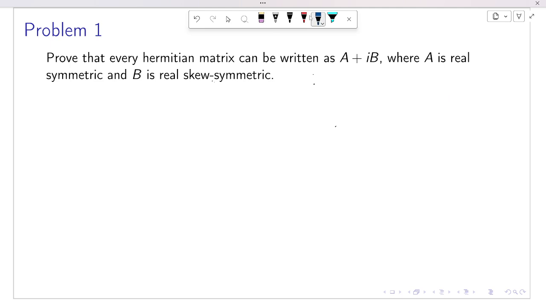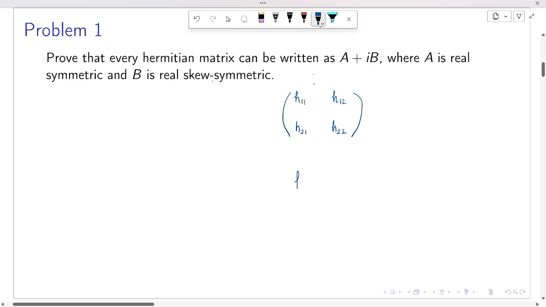Let us check in the 2 cross 2 matrix. Suppose we have a 2 cross 2 matrix which is Hermitian. So this entry says A11, A12, A21 and A22. Now this matrix may be a complex matrix. So let us write the ijth entry of this matrix as Hij. So this one is H11, H12, H21, H22.